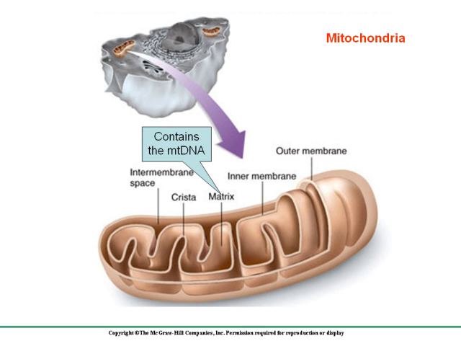Within the matrix, you're going to find the mitochondrial DNA. And these cristae significantly increase the surface area of the inner membrane, which will be extremely important in the production of energy for a cell.